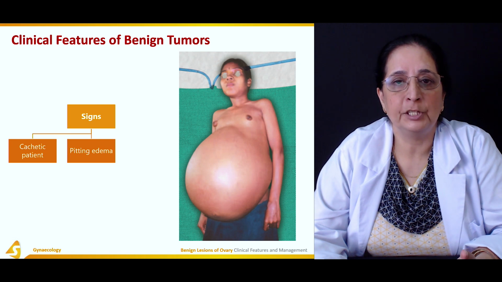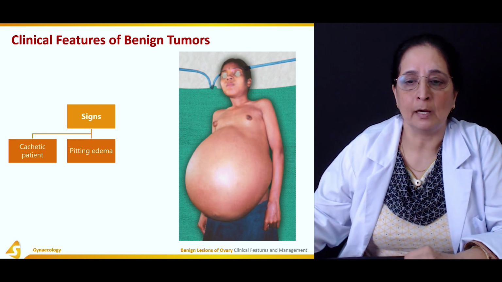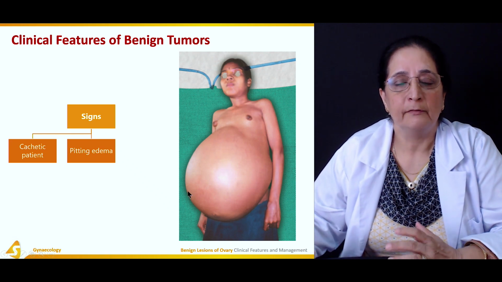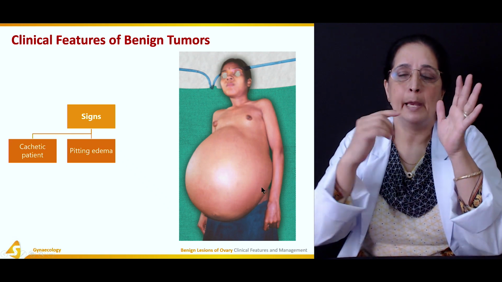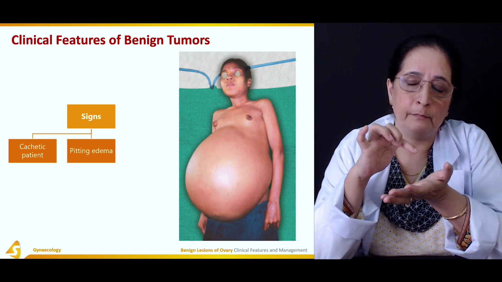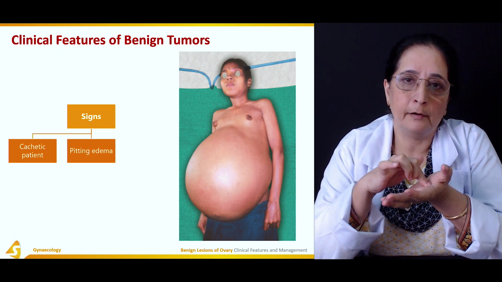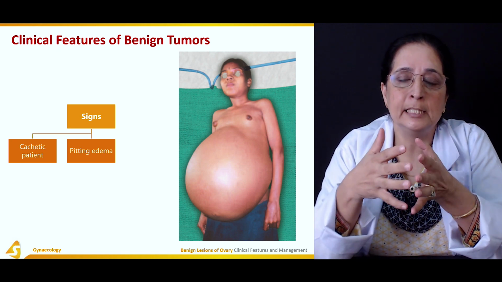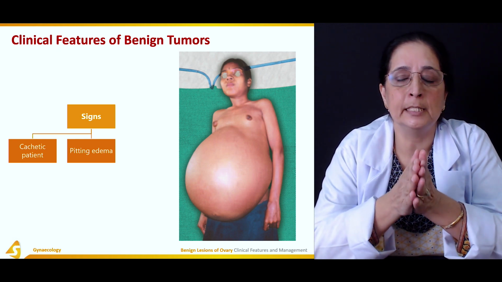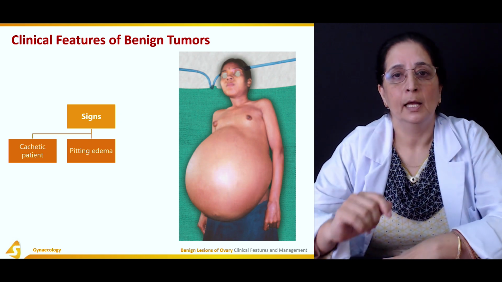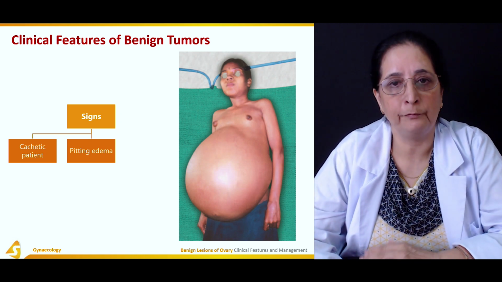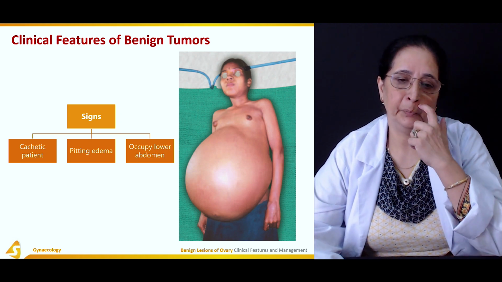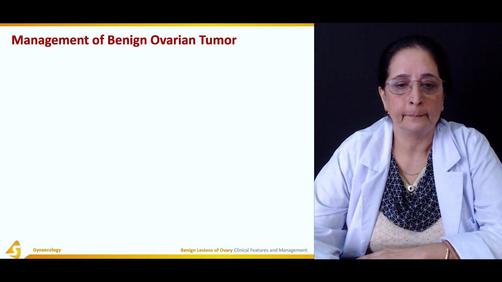The patient presents with pitting edema as a result of ascites, a huge abdomen with ascites present. Pitting edema is when we press on the area, usually there is a dimple formation, and edema is very common in a patient with ascites or fluid in the body. Usually it occupies the lower abdomen.